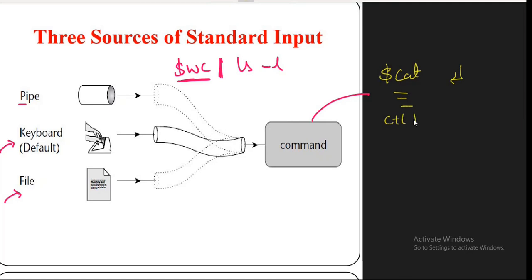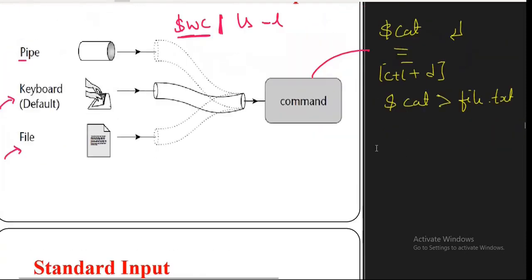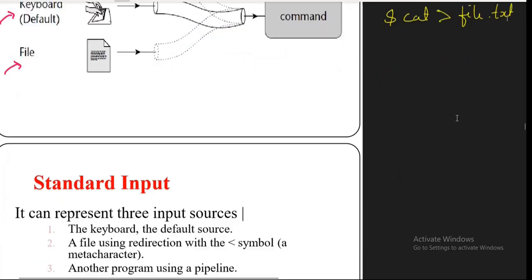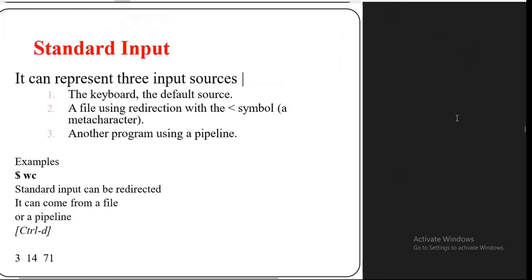Unless you press Control D, it will not come out. It is directly reading from the keyboard. Sometimes if you want to take the input from a file, you use the redirection operator, cat file.txt. That is also an example of getting the data from a file. I'll go through the examples one by one.